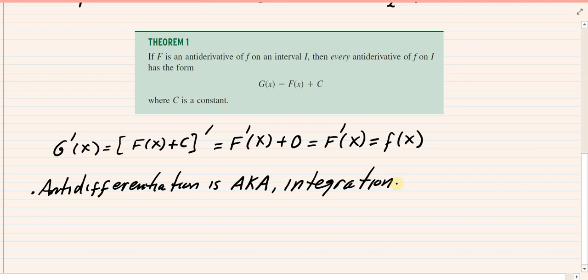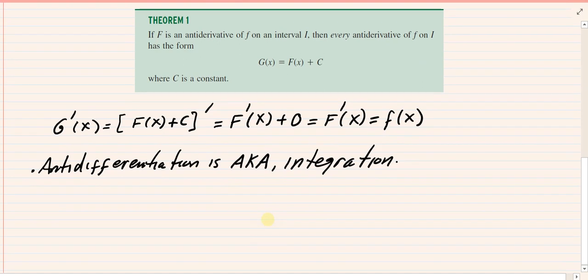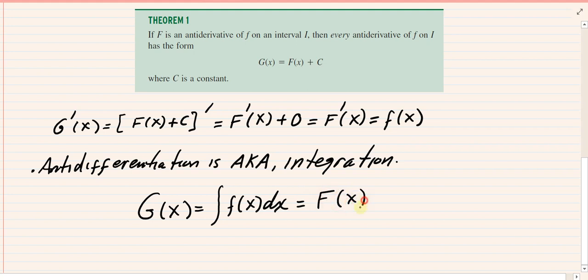Okay, now we need a notation, an expression for that capital G of x. That capital G of x here, using this notation that your book uses, is written as the integral symbol of f of x and then dx. Okay, that's the meaning of antiderivative, which is F of x plus c.